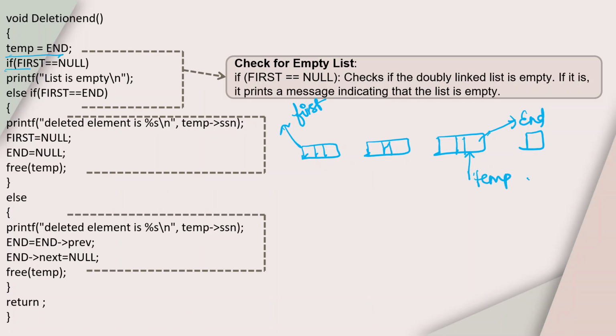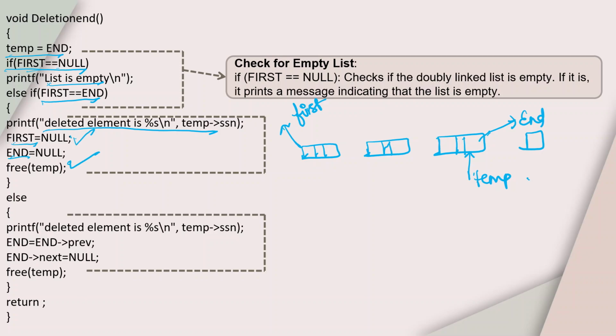Now, if the list is empty, first is equal to null, list is empty will be displayed. Otherwise, if there is only one node, you delete that node and first and end will be assigned to null and you free the temp. Else, you try to delete.